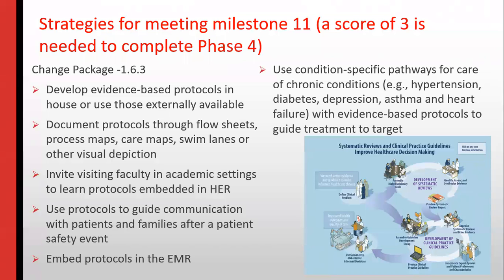You can document your protocols by using flow sheets, process maps, care maps, swim lanes, other visual ways to actually describe the steps and the care that should be taken with these patients that you're focused on.